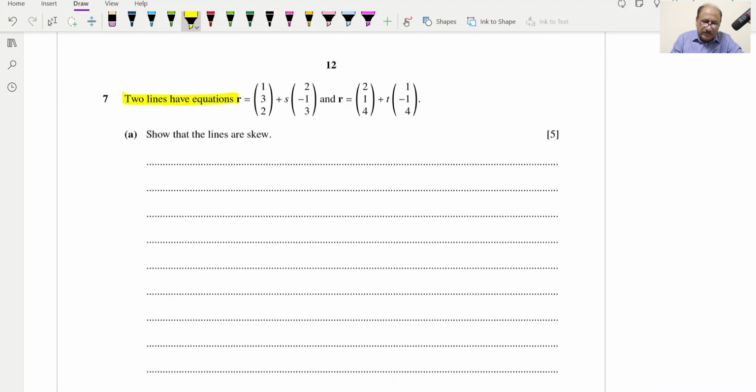Question number 7. Two lines have equations. This is for one line and this is for the second line. Show that the lines are skew. This is a 5-mark question. For skewness, we will be proving one thing, that they are not parallel.